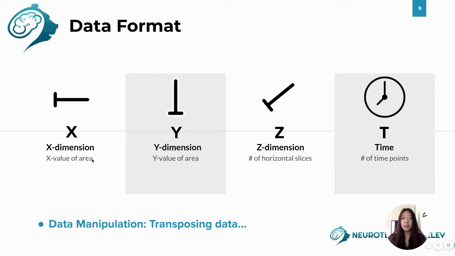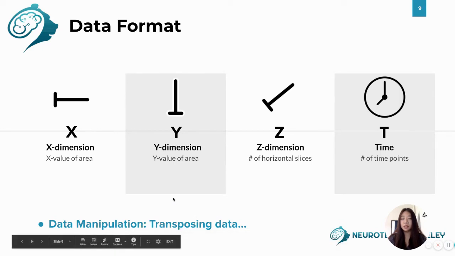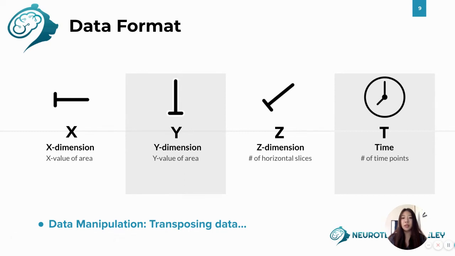One thing I noted at the bottom here is transposing the data. In terms of data manipulation in lesson 1, the first thing we're going to talk about is transposing the data. When you're working with fMRI data, it's more convenient for the data to be in TZYX format rather than XYZT for analysis. This is just a nuance of working with fMRI data, and you don't have to worry about it too much.